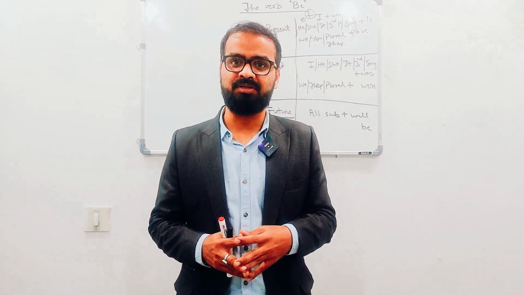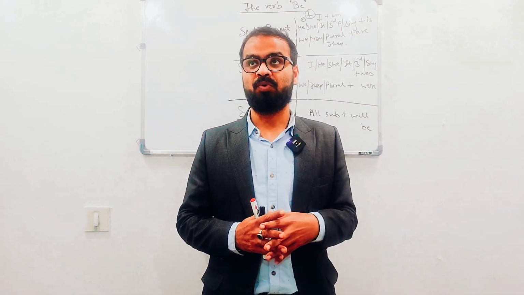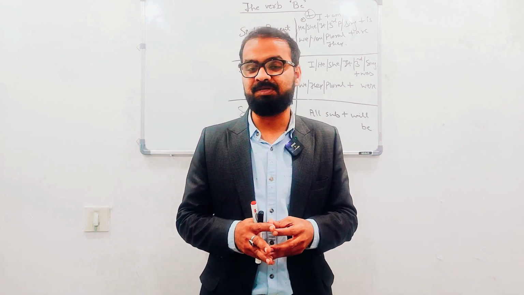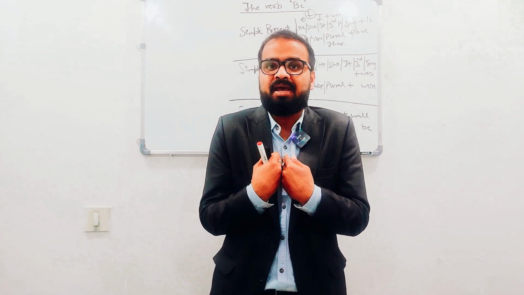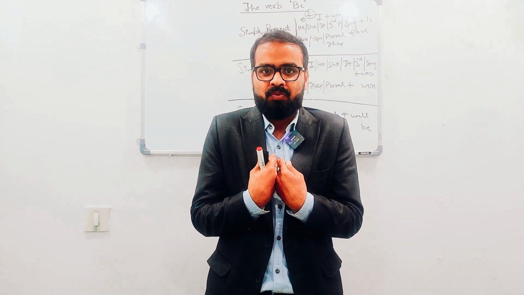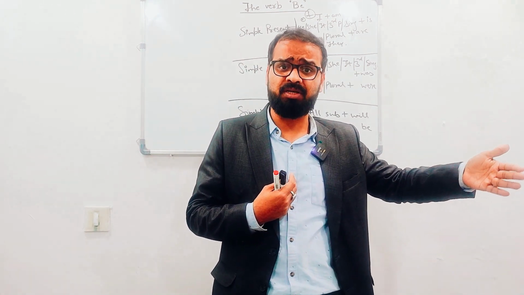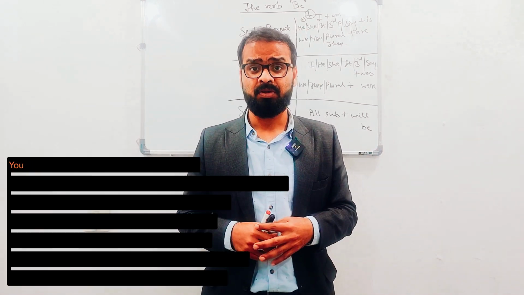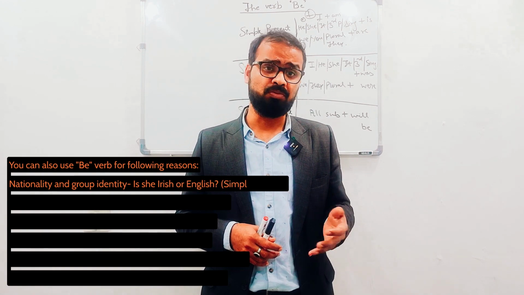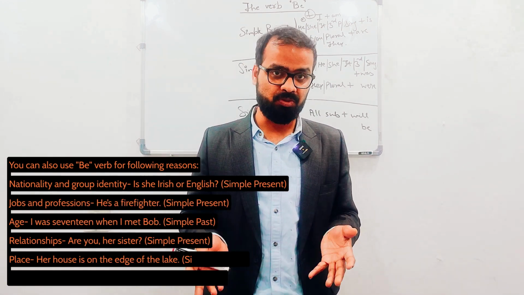For example, the meeting is on Tuesday, or the meeting is Tuesday. Or to talk about someone's characteristics. For example, she is a good girl. I am a good boy. Or my mom is a hardworking lady. Or to talk about a state. For example, we say the water is cold. So we can talk about these things by using the be verb.